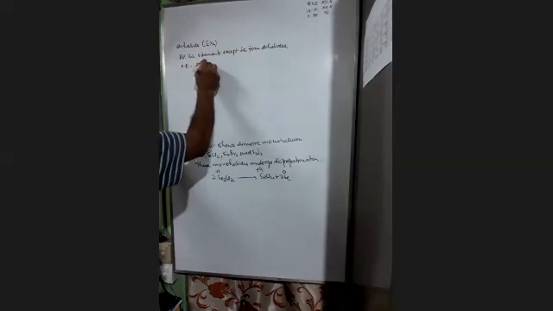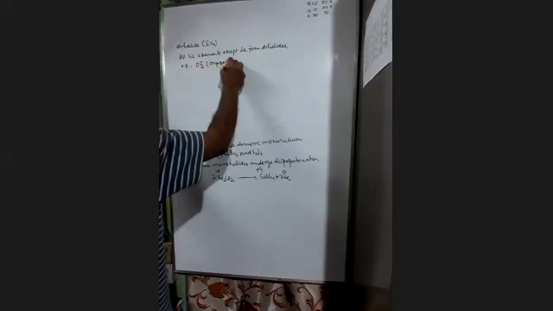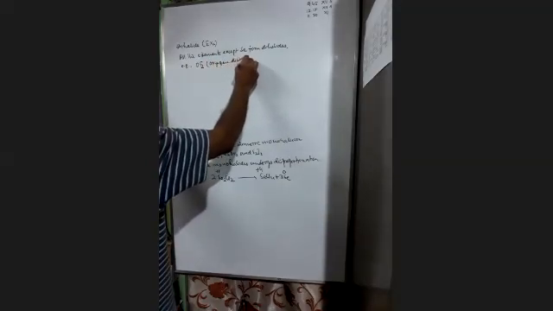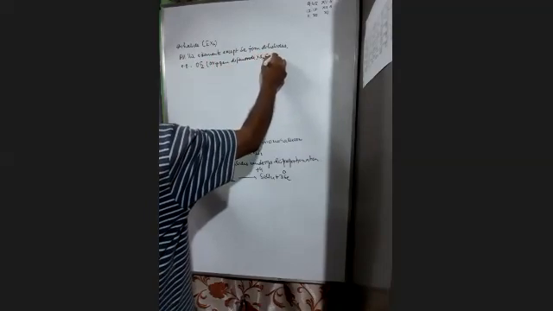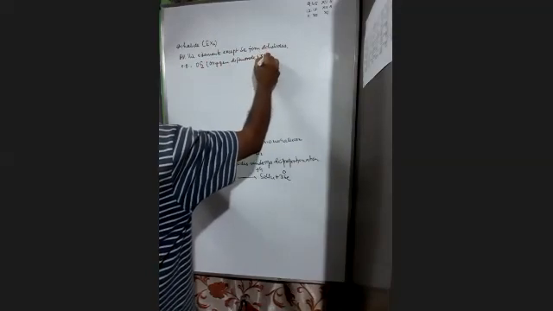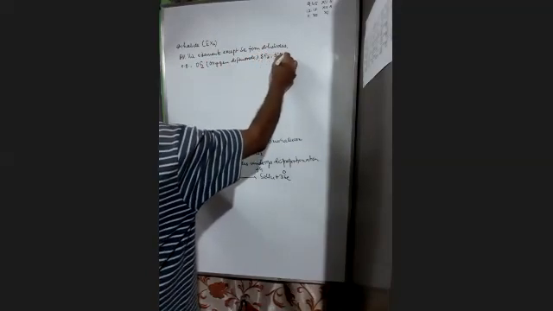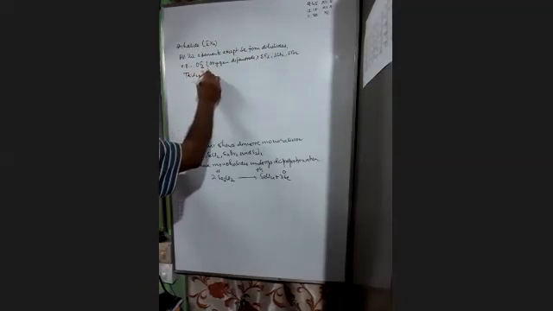OF2 is called oxygen difluoride. Okay, then you can have SF2, SCl2, SBr2, etc. Okay, then selenium does not form them. Tellurium dichloride and tellurium dibromide are formed.